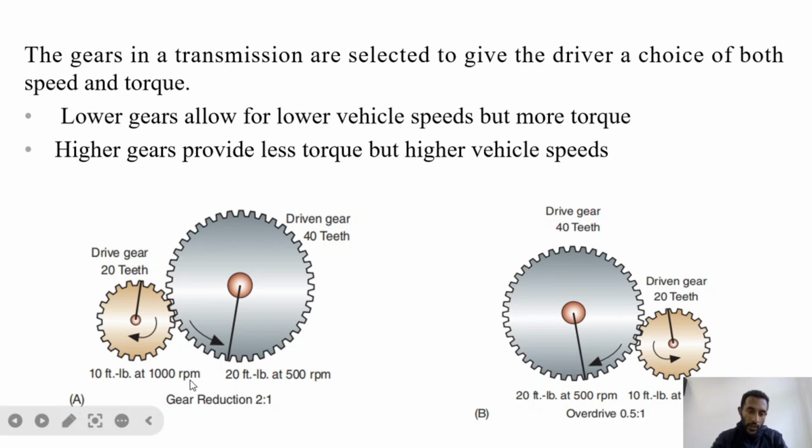If you observe, this one is a reduction gear, or gear reduction, because the driven gear is very big and the drive gear is very small.